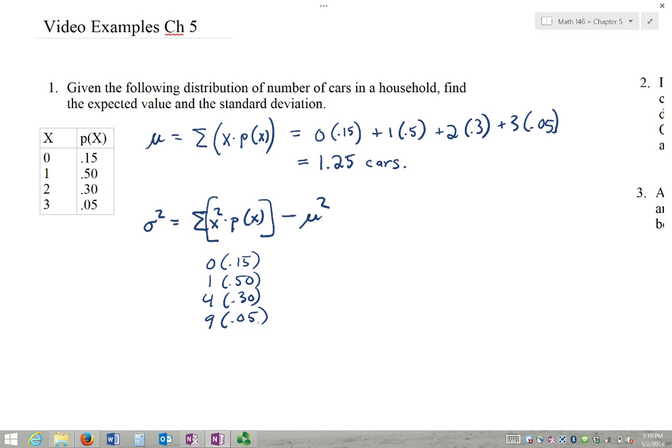So 0.5 plus 1.2 plus 0.45, and we have 2.15. And then we need to subtract the square of 1.25. Remember, this is going to give us the variance. And that's going to give us 0.588.